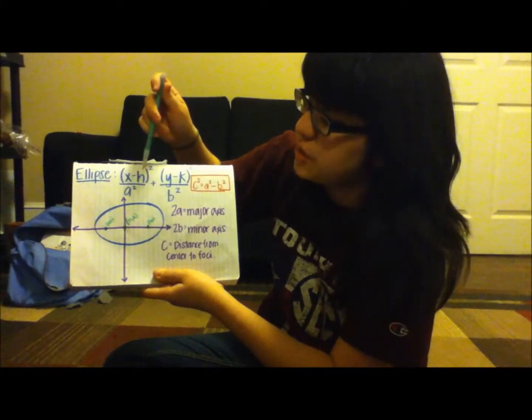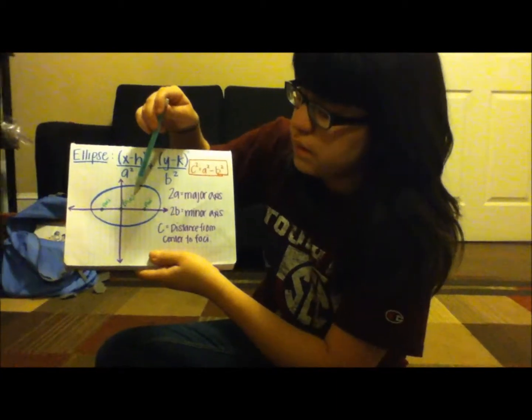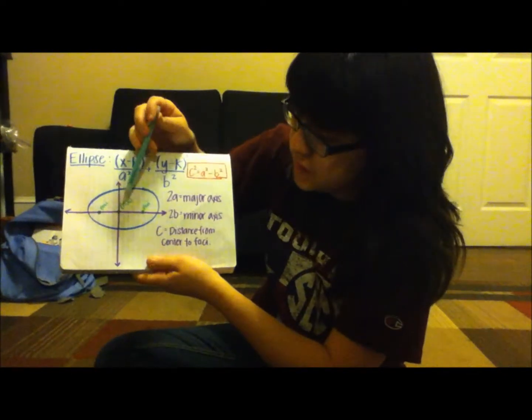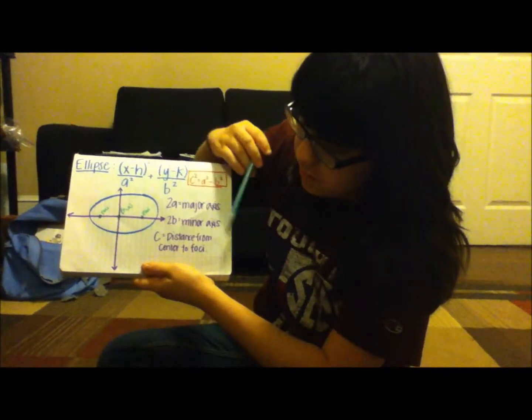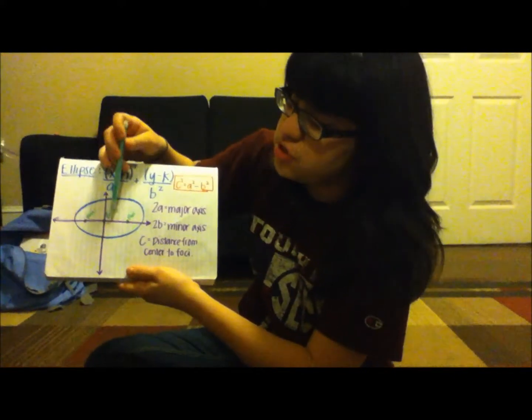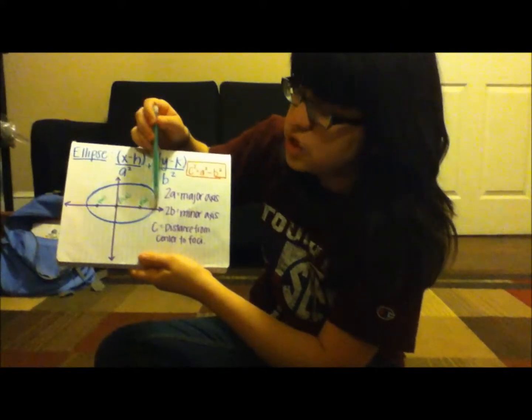And then h, comma k represents the center point of an ellipse. And then c represents the distance from the center to the foci. Now the foci right here are these 2 points within the ellipse, but they're not quite touching the outside.